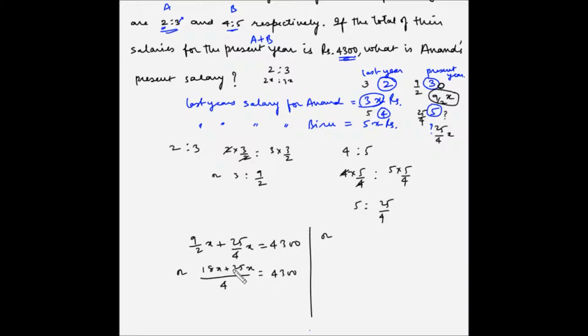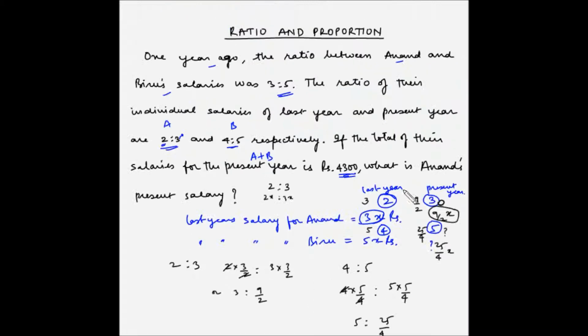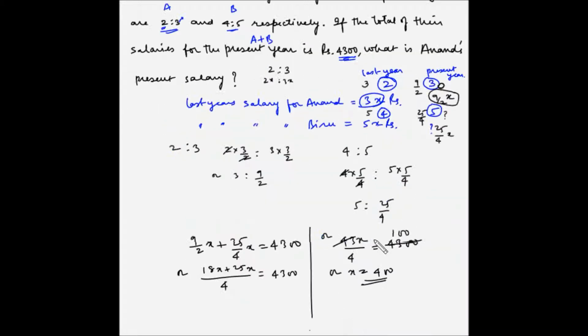or 25 plus 18 is 43, 43x divided by 4 is equal to 4300. So 43 cancels with this 43, this becomes 100, or x is equal to 4 multiplied by 100 is 400. So now we have to find Anand's present salary.